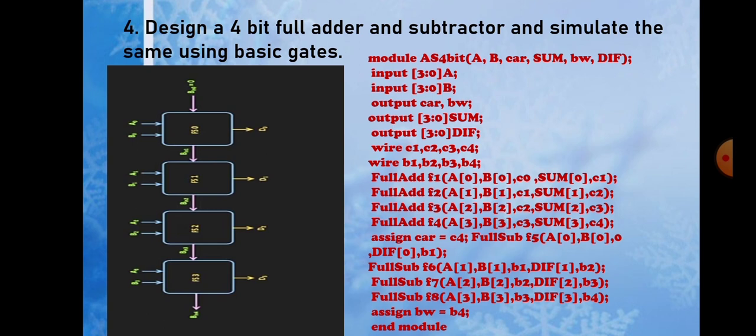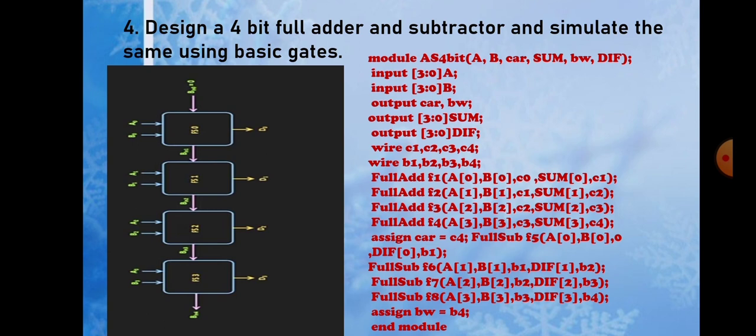They are A3, A2, A1 and A0, where A3 is the most significant bit, whereas A0 is the least significant bit. Likewise, the second binary number also contains 4 bits, B3, B2, B1 and B0. B3 is the most significant bit and B0 is the least significant bit.